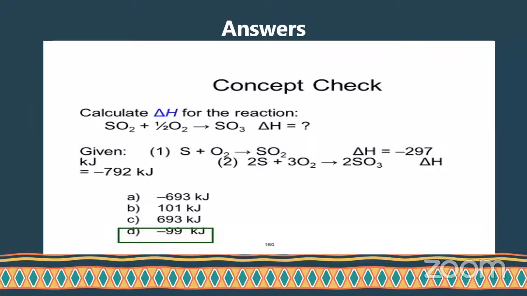Now we have oxygen on the right-hand side for the first equation, and we have 3/2 moles of oxygen on the left-hand side of the second series. Now, what this means is this. It's going to be 3/2.